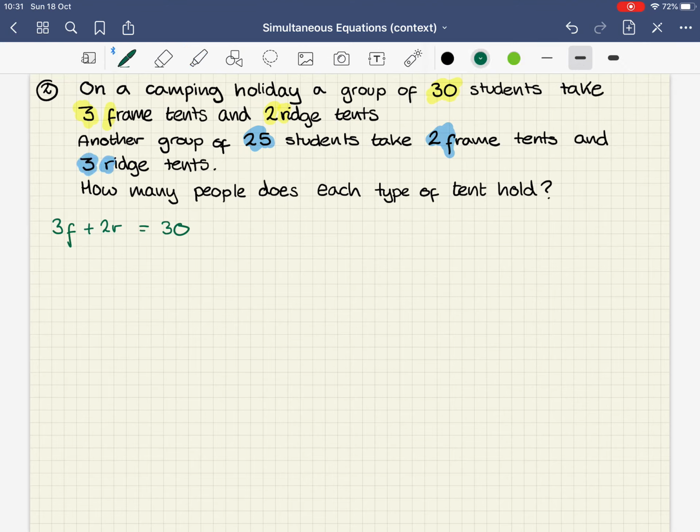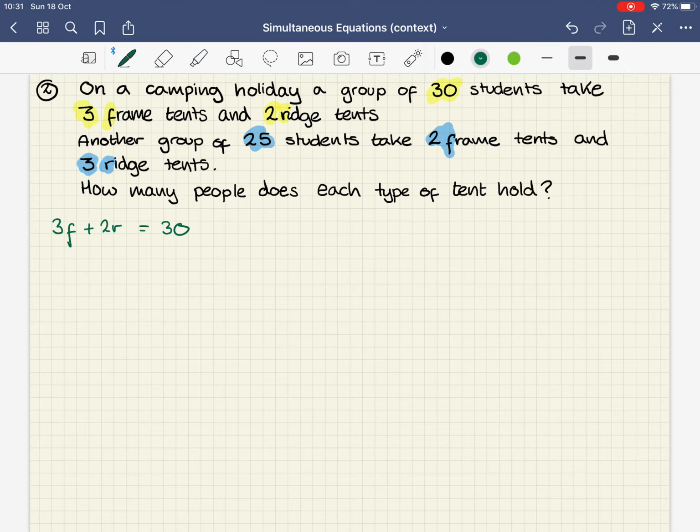Again, looking at that middle, they don't line up, so I need to change them slightly so they can cancel out. So I'm going to multiply equation 1 by 3, multiply equation 2 by 2. So that's going to become 9f plus 6r equals 90. And then I've got 4f plus 6r equals 50.